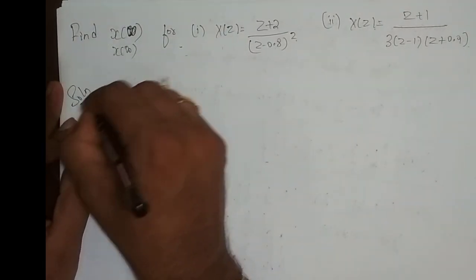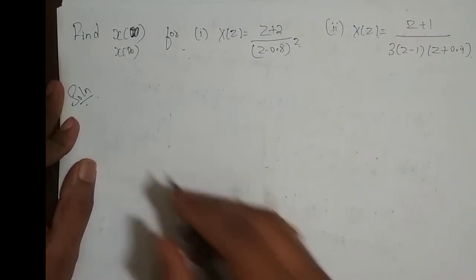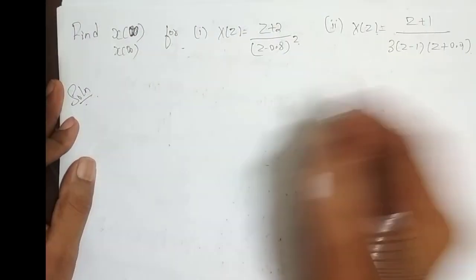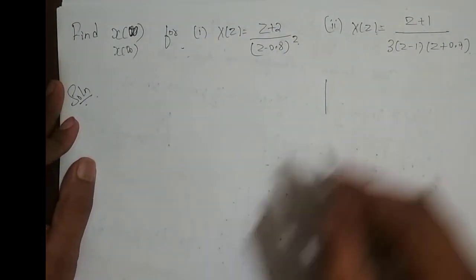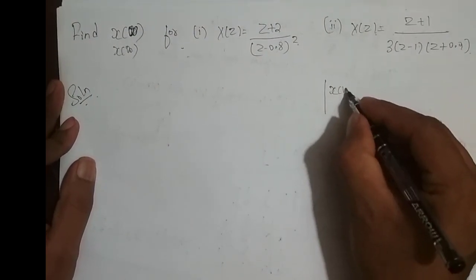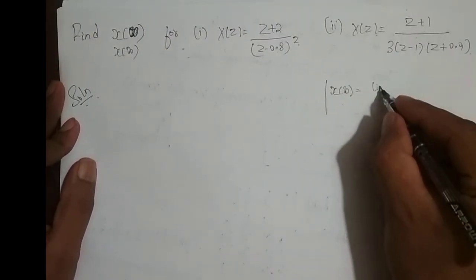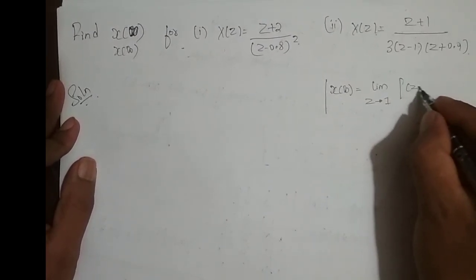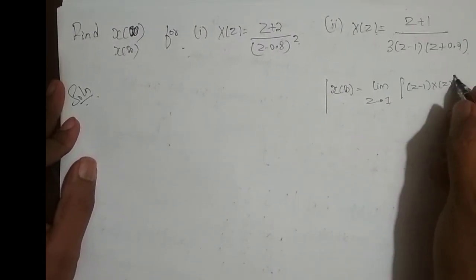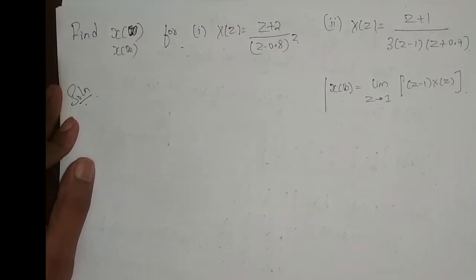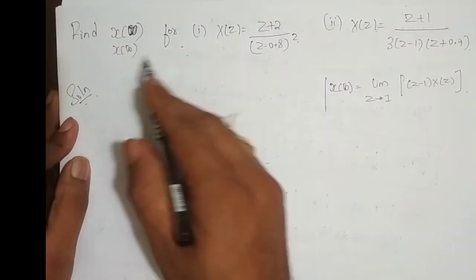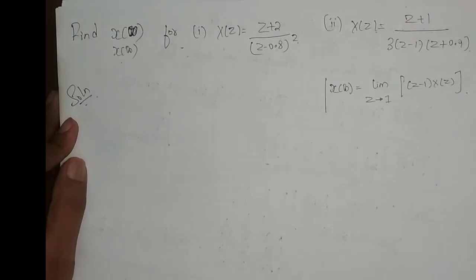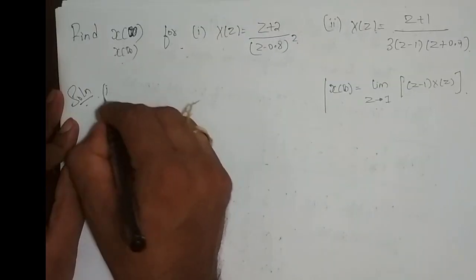Solution, we'll try to solve this. We have the final value theorem. I'll just give you the statement of the final value theorem. It is given by x of infinity is equal to limit z tends to 1 of z minus 1 times x of z. This is the statement of the final value theorem which we are going to use here to solve for x of infinity.